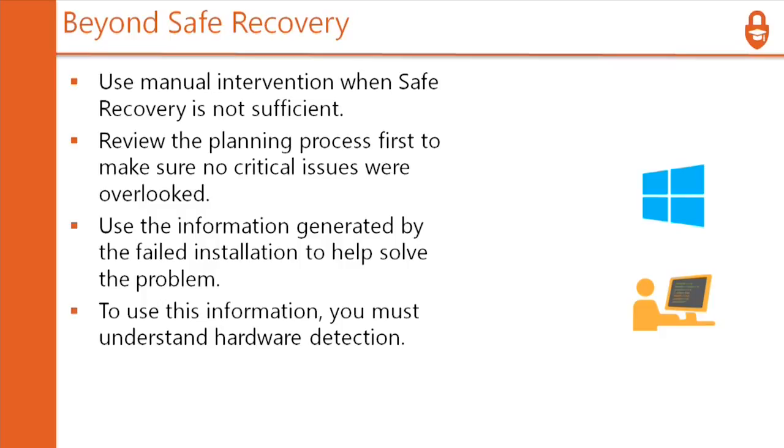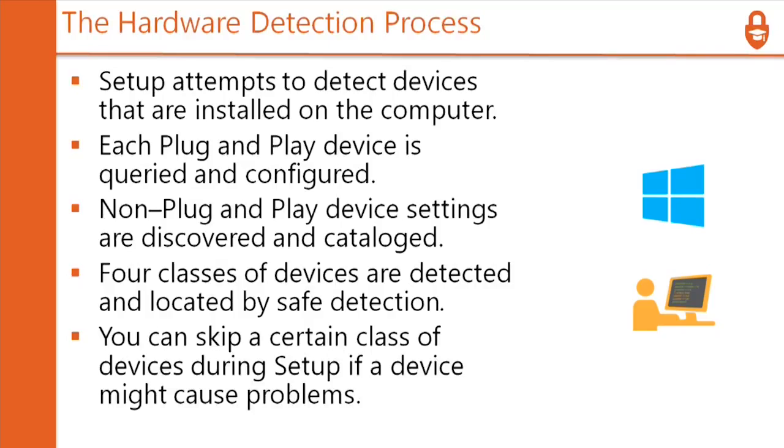So to use this information, you must understand hardware detection. The hardware detection process: setup attempts to detect devices that are installed on the computer. Each plug-and-play device is queried and configured. So each plug-and-play device, the motherboard will go and talk to it and say, hey, give me your information. And it says, hi, I'm a Cisco networking card, generation 3, here's my serial number.